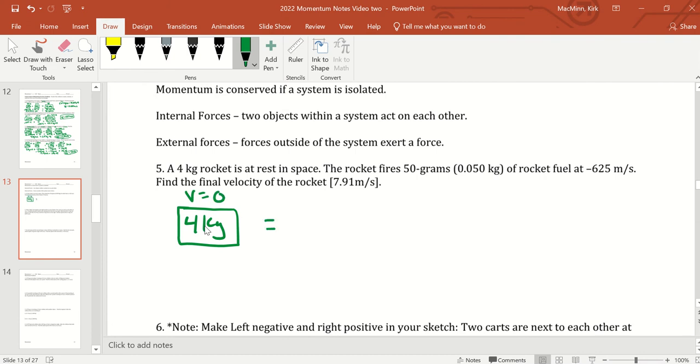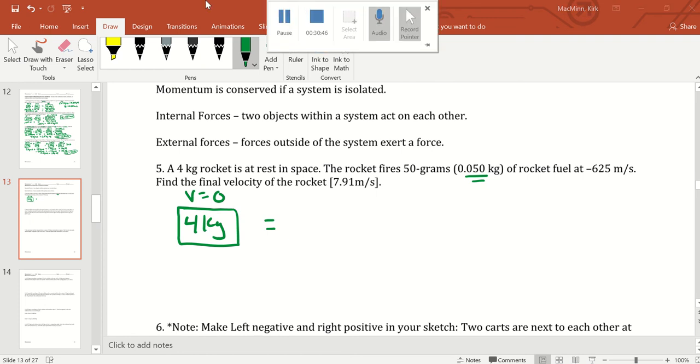So that's it for before the collision. The total initial momentum is 4 times 0, or 0 kilogram meters per second. It then tells me the rocket fires 50 grams of mass, with a reminder here to make sure it's in kilograms. So afterwards, we're going to have the gas, the fuel, which is going to be 0.05 kilograms.